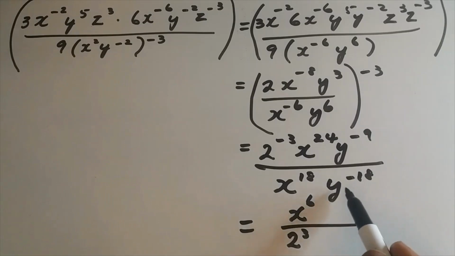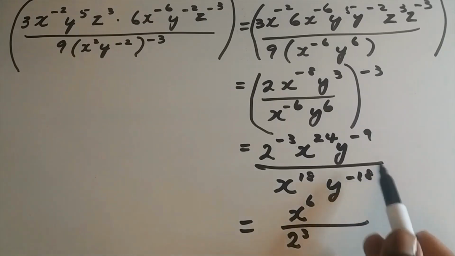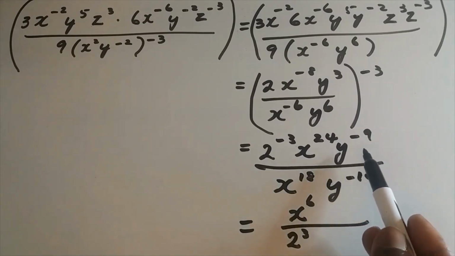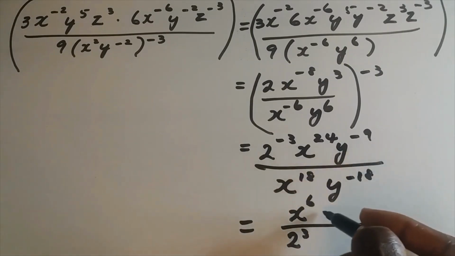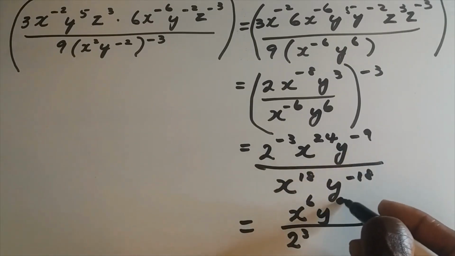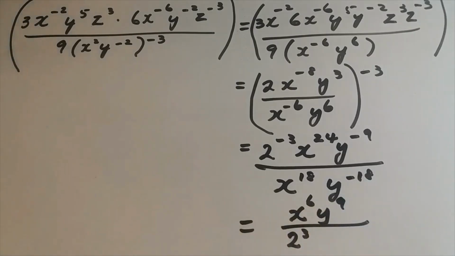And y to the minus 18 moved to the numerator becomes y to the 18 power times y to the minus 9 will give us y to the positive 9. Now 2 to the 3 evaluates or simplifies to 8.